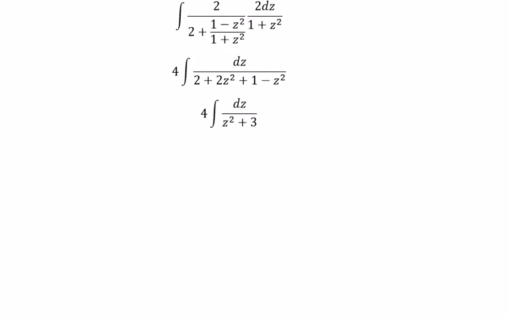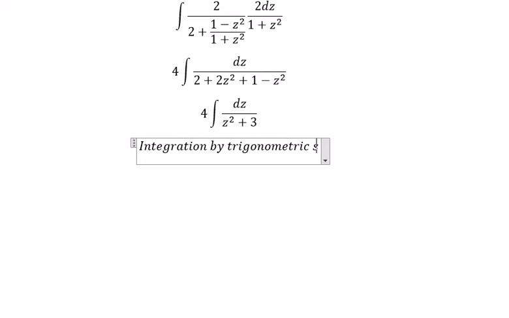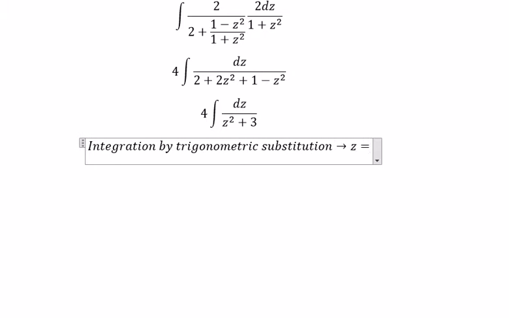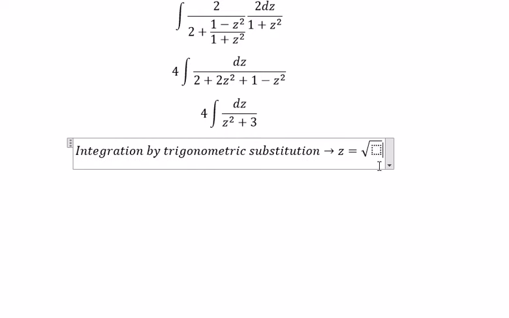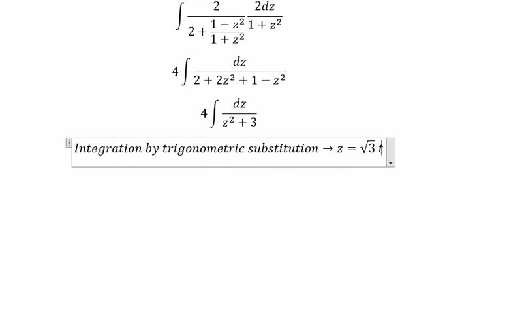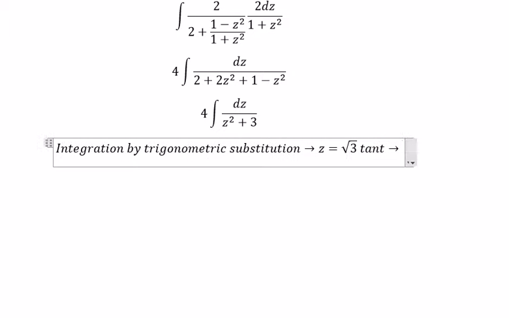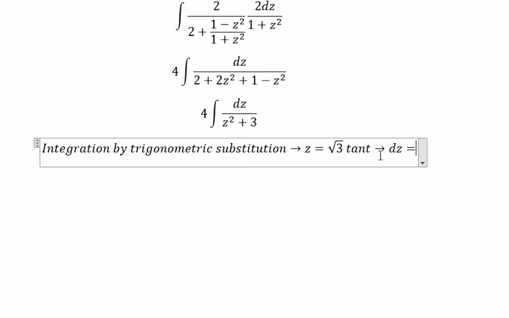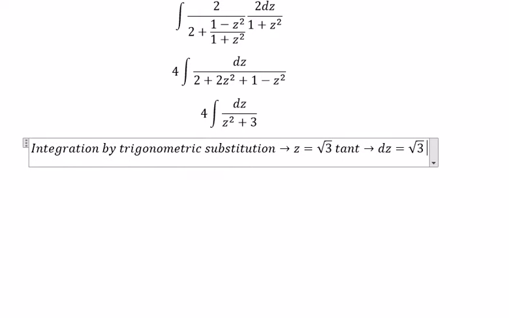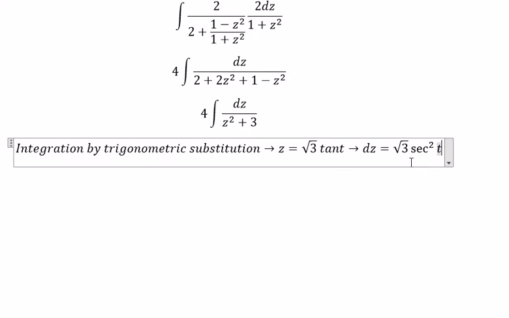And now we need to use integration by trigonometric substitution. So we let z equal to the square root of number 3 tan t. So we get dz equal to the square root of number 3 multiplied with secant t square dt.